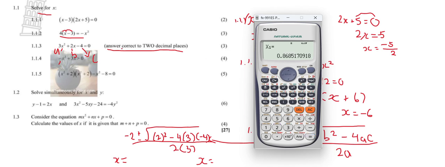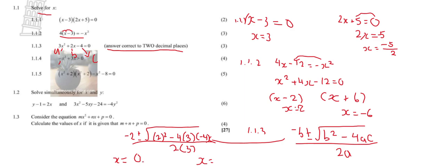Remember, they say correct to 2 decimal places. When we correct to 2 decimal places, if the third number is 5 or higher, then the second number will change. Since this 8 is greater than 5, this 6 will become 0.87, not 0.67 but 0.87.